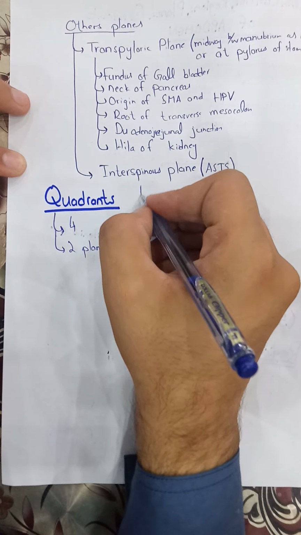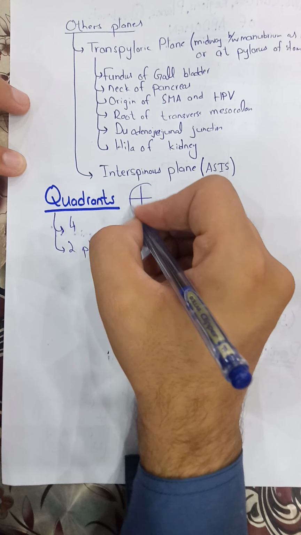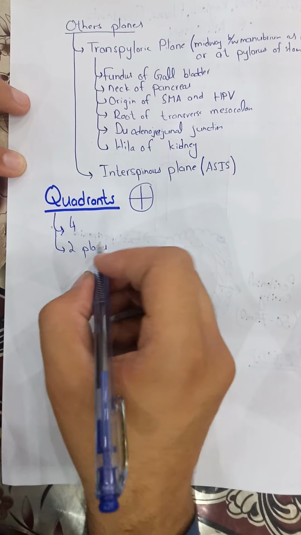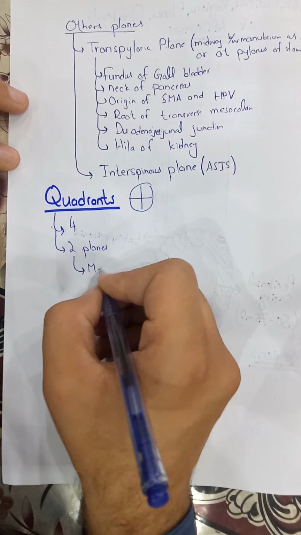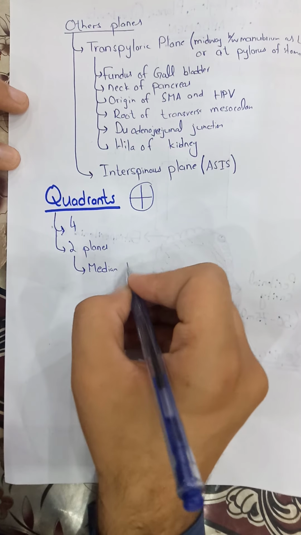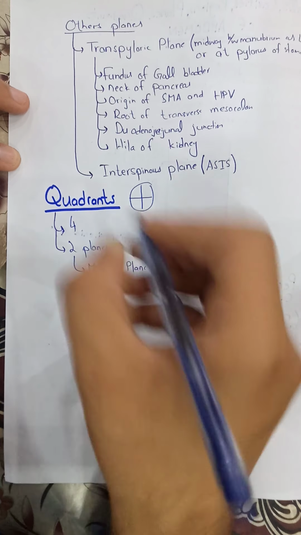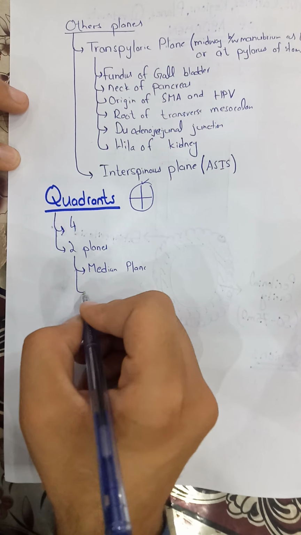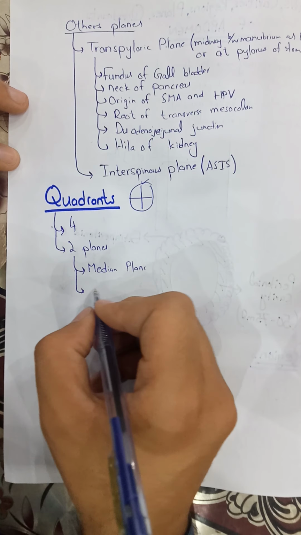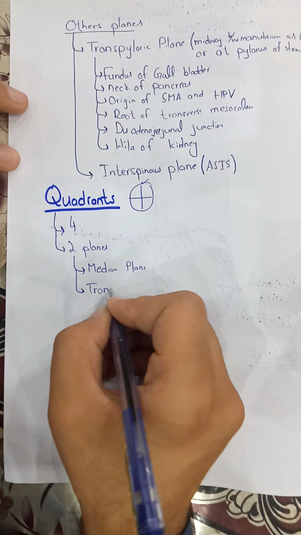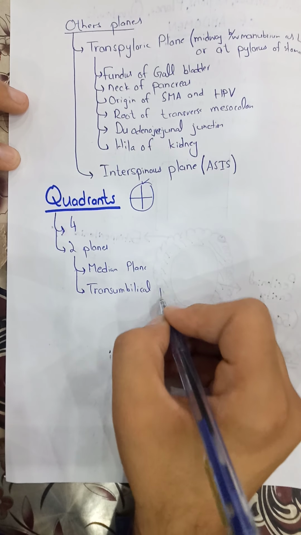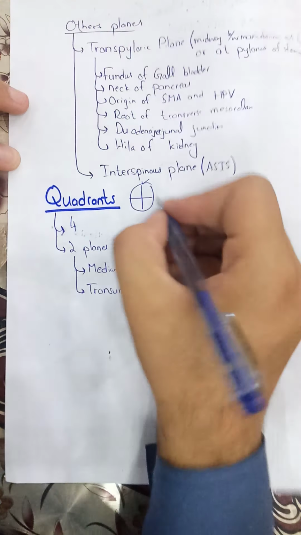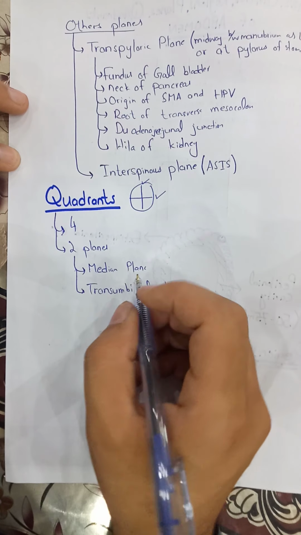One will be the vertical plane and the other will be the horizontal plane. The vertical plane will be the median plane, and the second one will be the transumbilical plane. So that will be this horizontal plane.